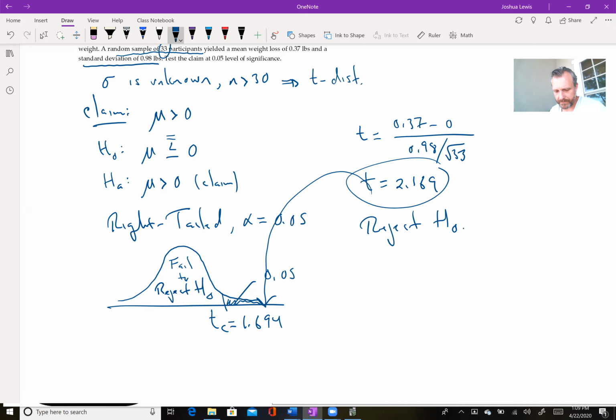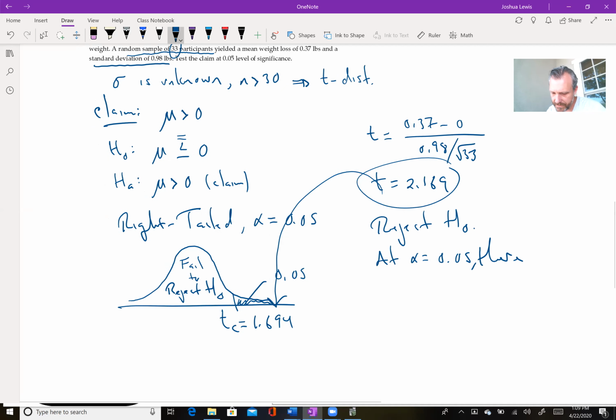So at alpha equals 0.05, there is sufficient evidence to, well, to what? We've rejected the null. The null is the complement of the alternative, which is our claim.